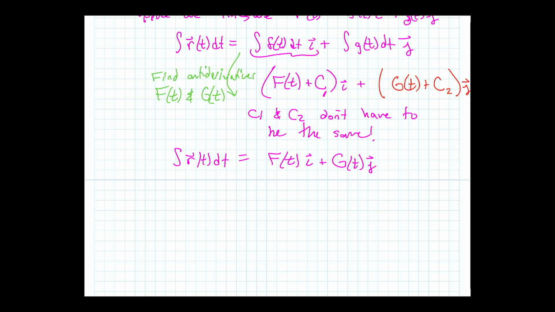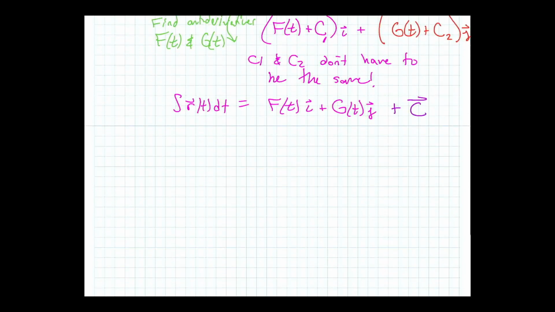And then what about the constants? You can stick the constants together in a vector constant, where the vector constant is the vector C1, C2. I'm mixing the notation again because I didn't feel like writing j.